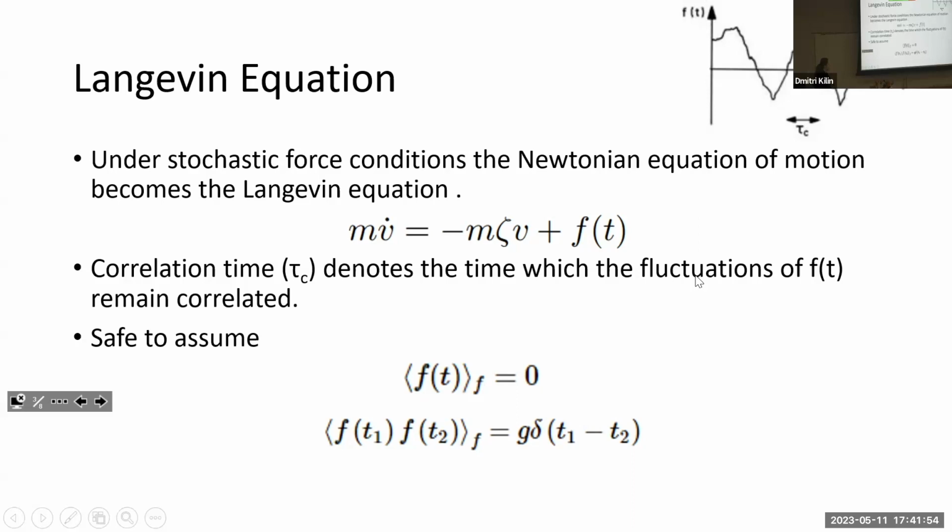And with this equation, it is safe to assume a few things. The random force is equally likely to push in one direction as it is in the other direction. So the average over all realizations of the force is 0. That's where we can make this assumption. And then also the random force exhibits no time correlation but has a coefficient G in this case, which is a measure of the strength of the mean square deviation of the stochastic force.